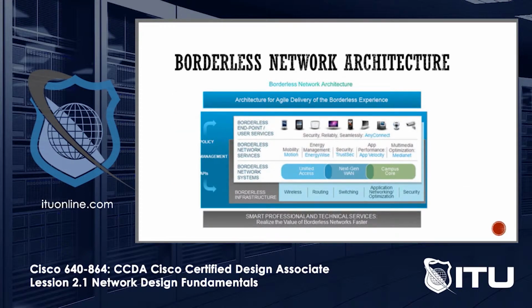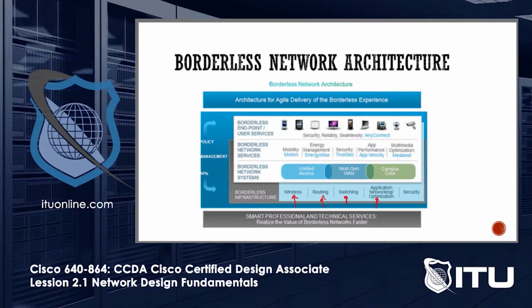And this is an example of the borderless network architecture. It doesn't have all the components here. It's just kind of the services and the systems and the infrastructure, right? So if you look at the infrastructure, that would include things like wireless, routing, switching, application and network optimization.